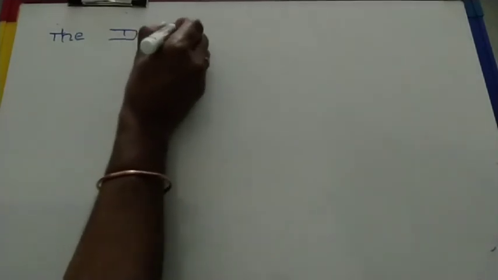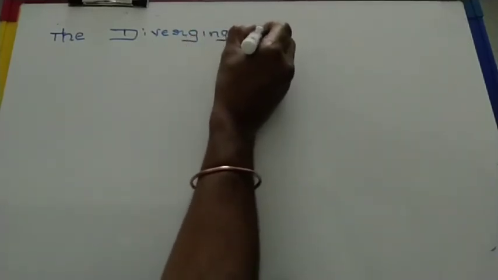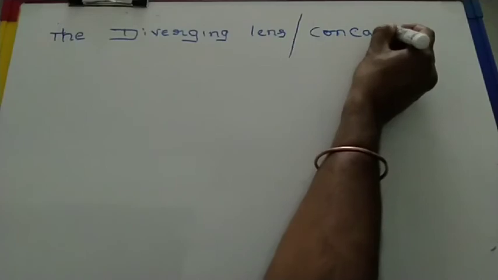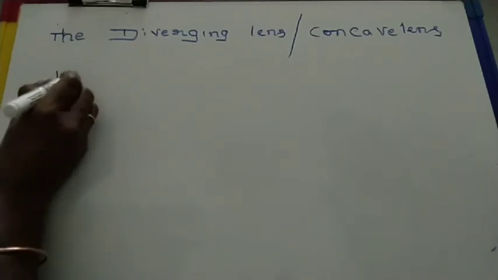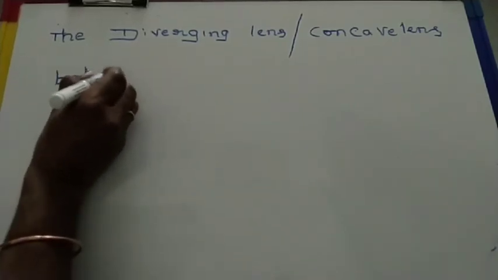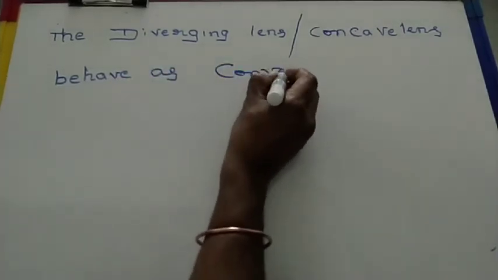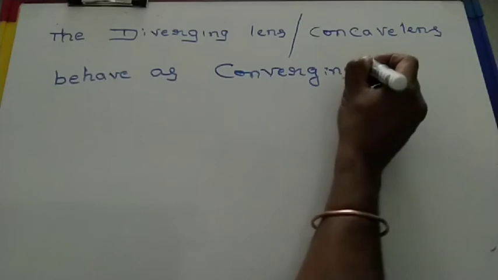That means the diverging lens, diverging lens means concave lens, behaves as a converging lens.